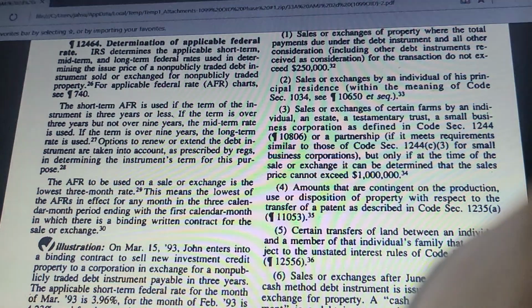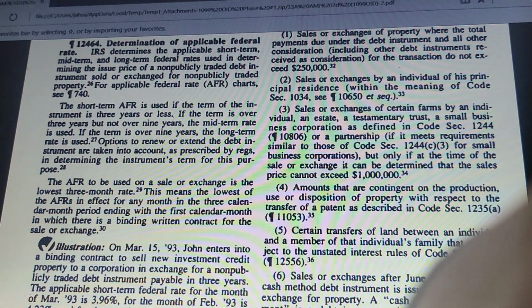Amounts that are contingent on the production, use, or disposition of property with respect to the transfer of a patent as prescribed in Code Section 1235(a) (11053). 5.